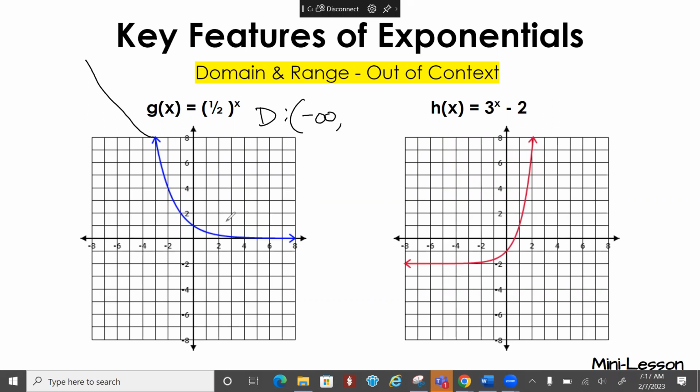Negative infinity. How far to the right does it go? Positive infinity, right? With range, how far down does it go? To 0. And then how far up does it go? Fantastic.